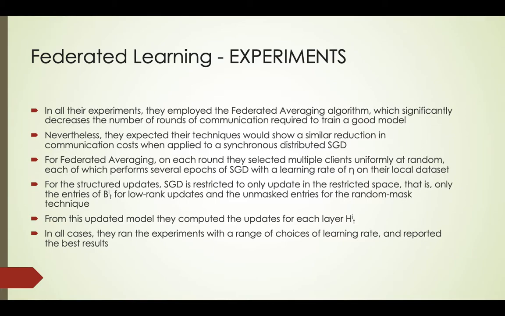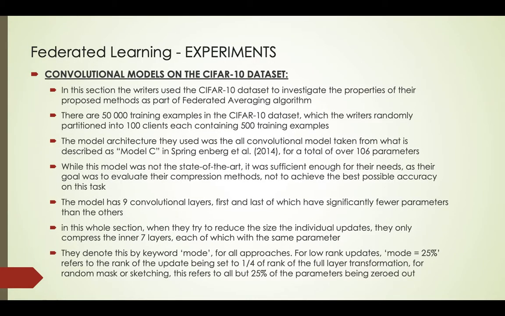This is only the entries of B_i^t for low rank updates and the unmasked entries for the random mask technique. From this updated model, they computed the updates for each layer H_i^t. In all cases, they ran the experiments with a range of choices of learning rate and reported the best results.